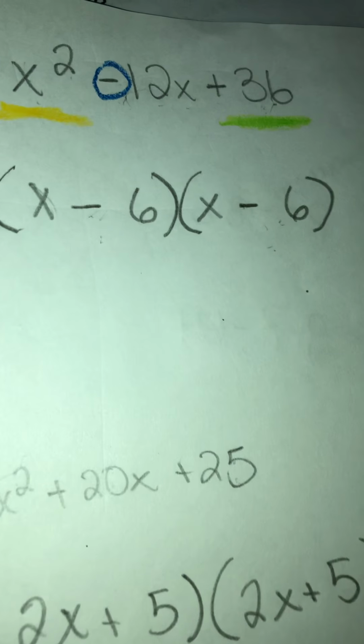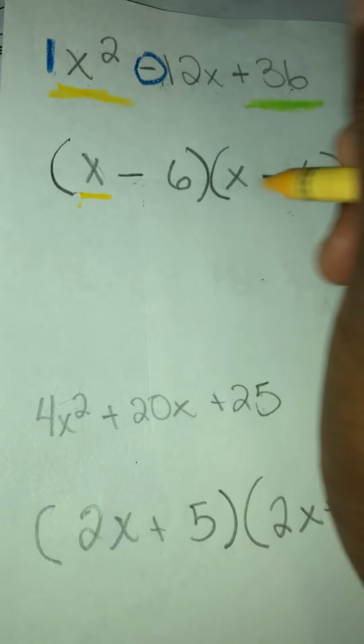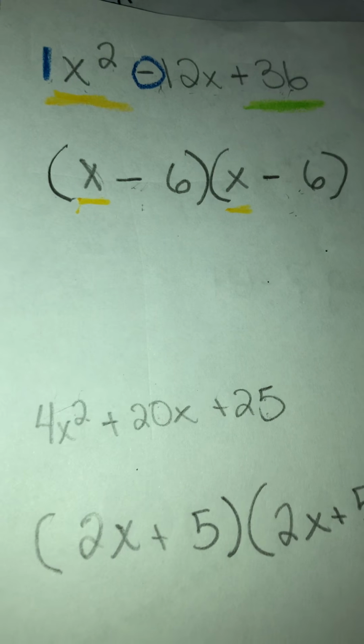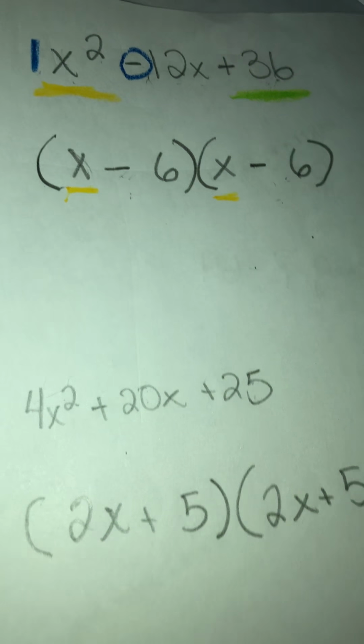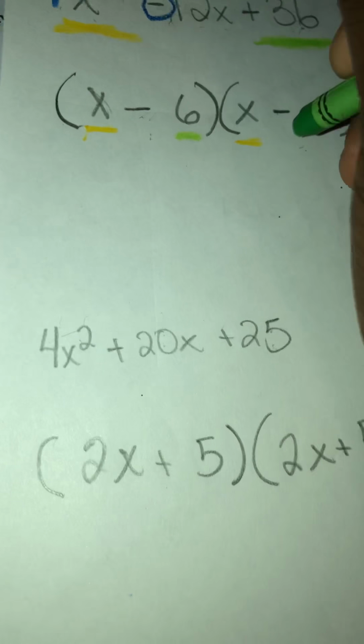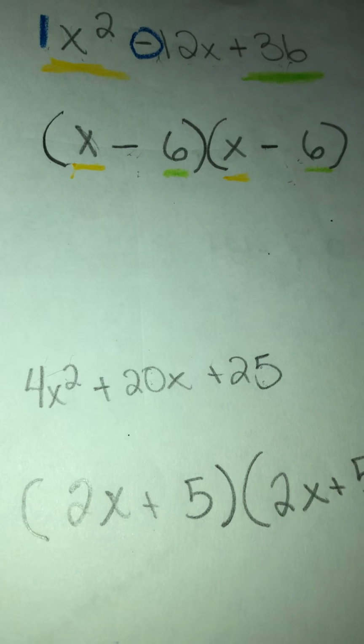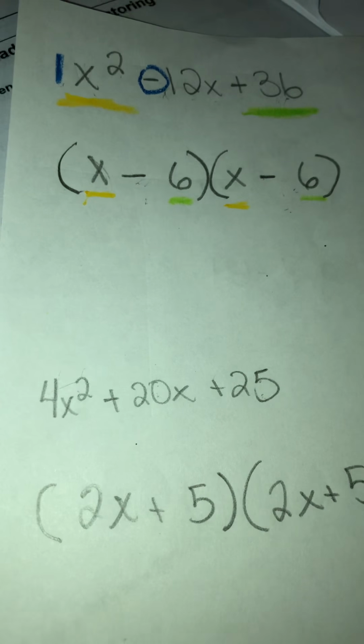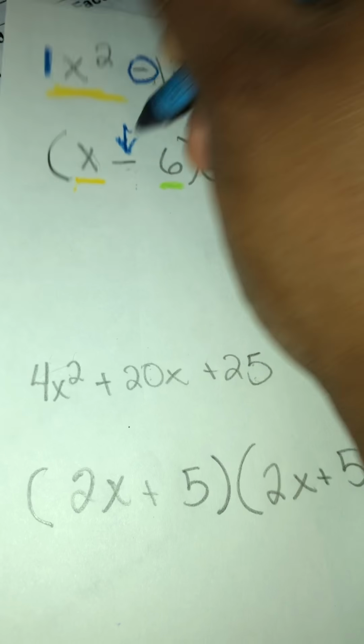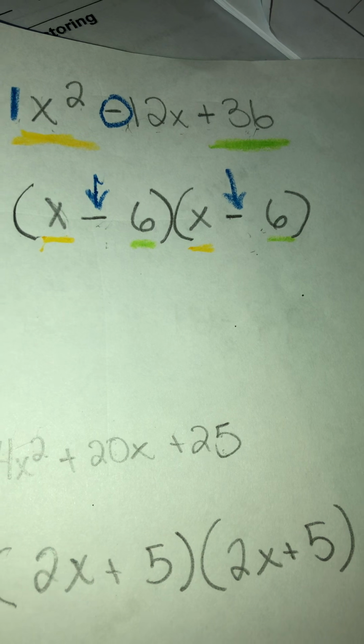So I know the square root of x squared is x, so I have x there. I also know that the square root of 36, which is the last term, is 6, so I have that there. And then the signs I have here as negative because the sign in the problem is negative.